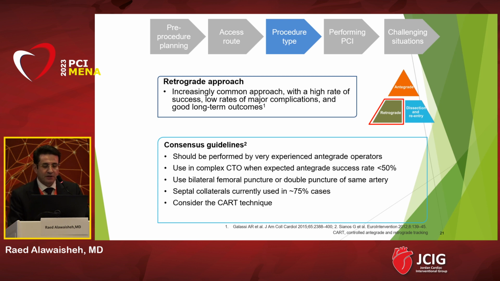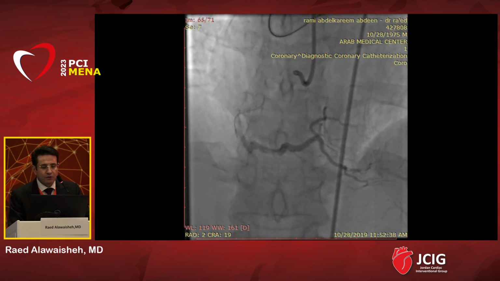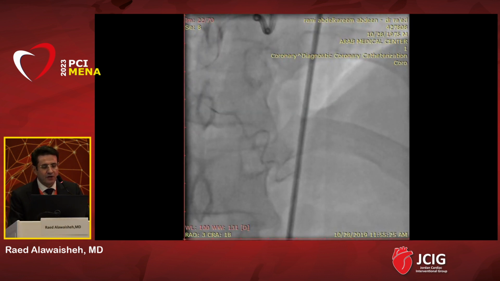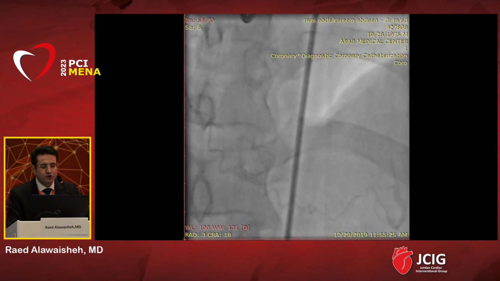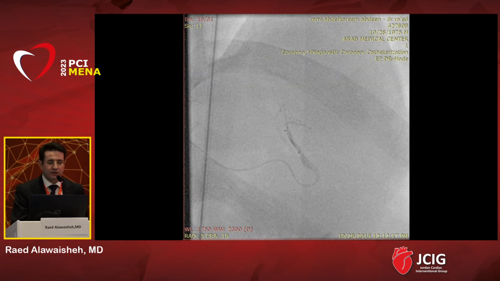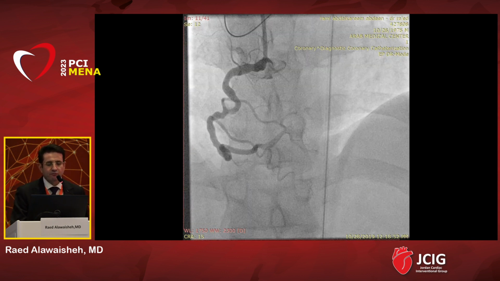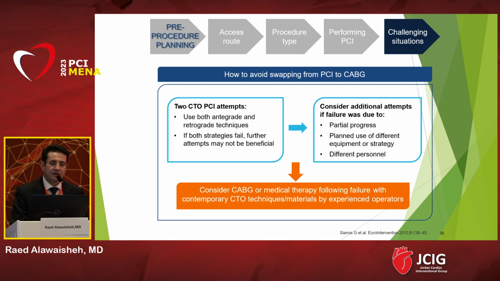You can see here that the epicardial collateral is really long and really tortuous. So you need a special wire to go with the microcatheter, and as shown by Dr. Amr, go with the SU wire and wait for the heart to take the wire step by step, small curve by small curve, and then you follow it, and I'm there in the LAD.